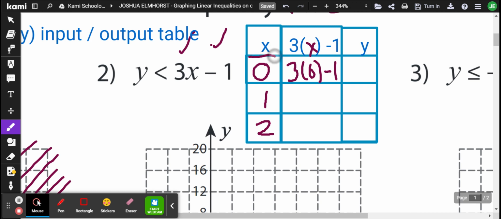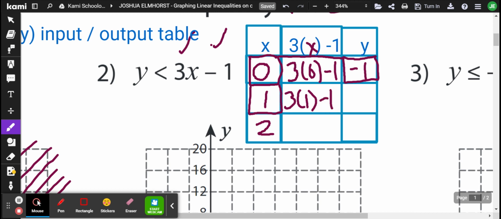So starting with when x is 0, and we do 3 times 0, which is 0, minus 1. So then the y is going to be negative 1. So the input is 0 and the output is negative 1. We go to the next one. We take out the x and then we put in 1.